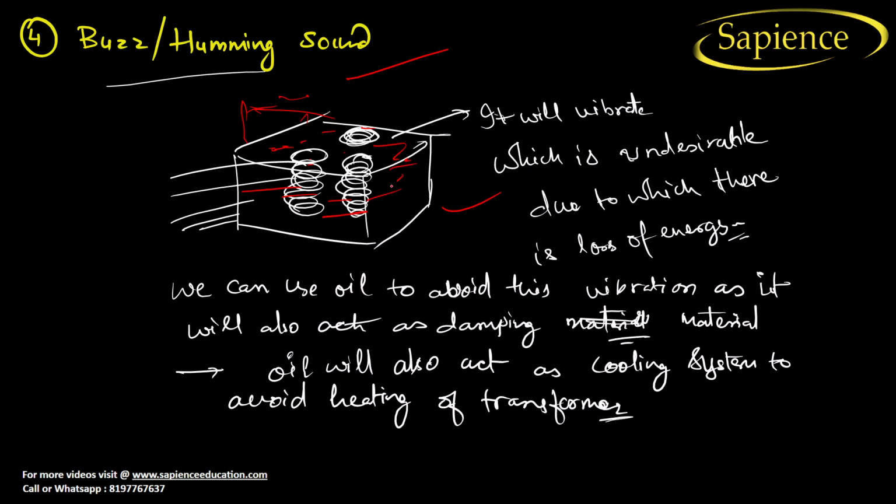Oil will act as a damping material because it will absorb the humming sound, as well as act as a cooling system for the transformer, because lots of heat is generated due to several factors. This is the way to avoid the losses in the transformer.